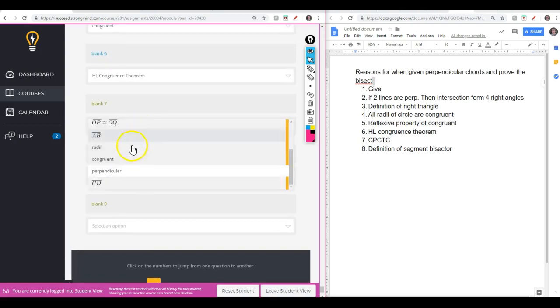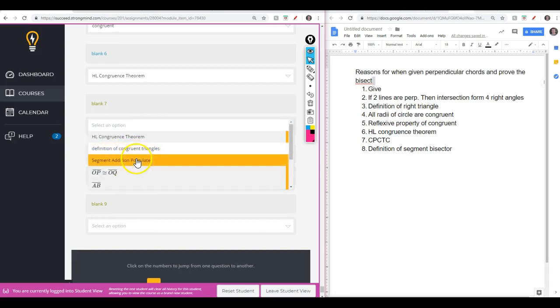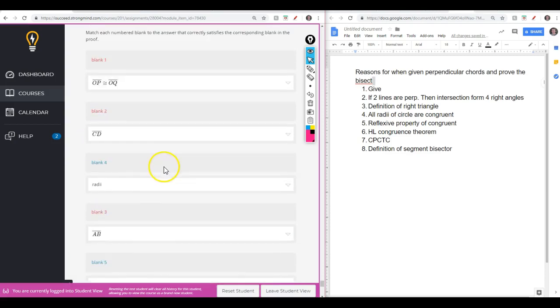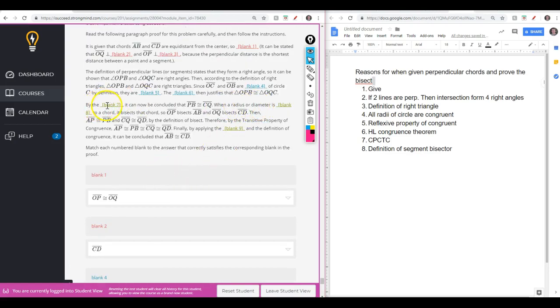Definition of congruent triangles. Yes, so that's how I picked up on blank 7. I just realized that they had just stated that those two triangles were congruent. Then you conclude that corresponding segments are congruent.